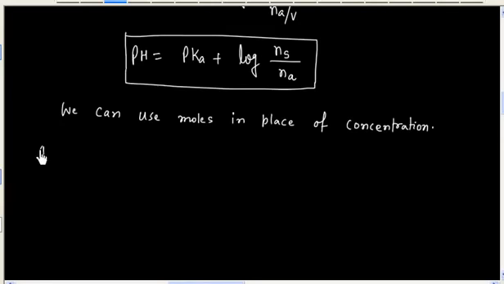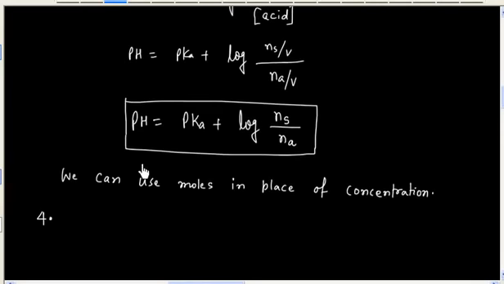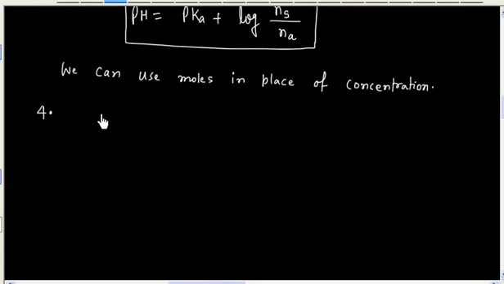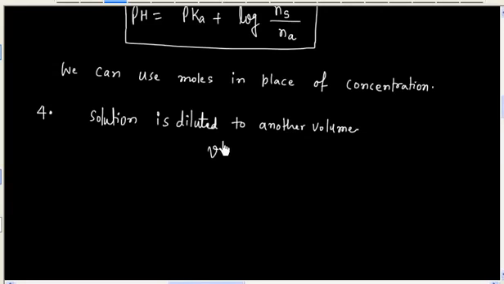Now next important point, you see, even if I write in place of V 2V, so let us say if solution is diluted to another volume, let us say another volume is V dash.